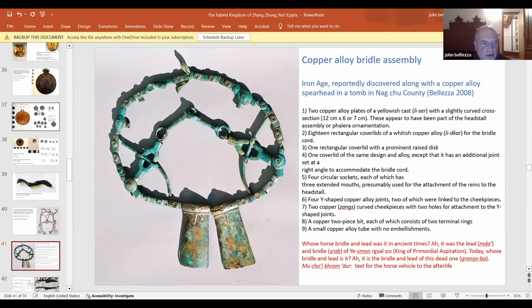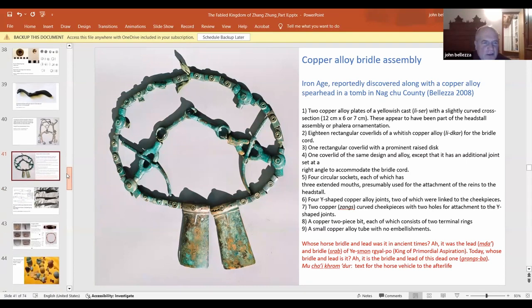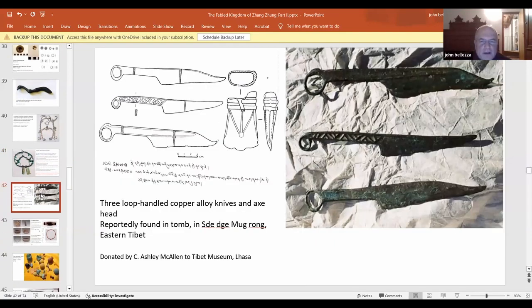Let's continue here, looking at these objects. These are actually from Eastern Tibet, but these are loop-handled knives. This is also, in terms of metallurgy, a very important indicator of cultural affiliation all through Eurasia. They made these loop-handled knives in the Iron Age.